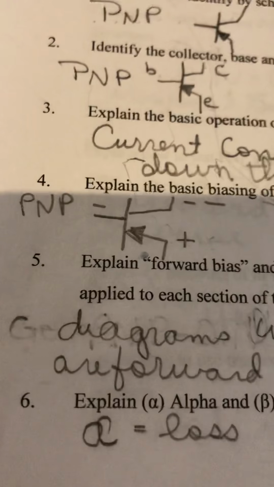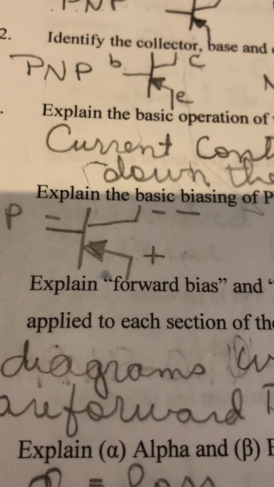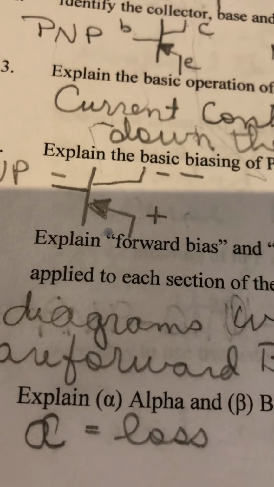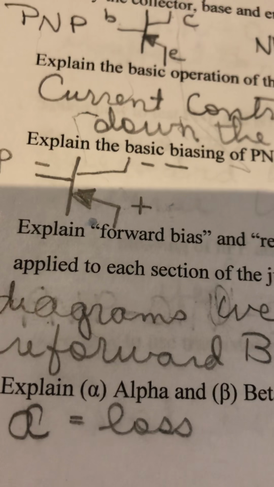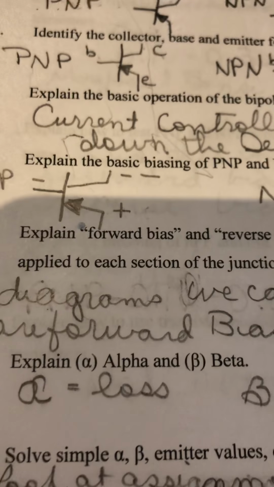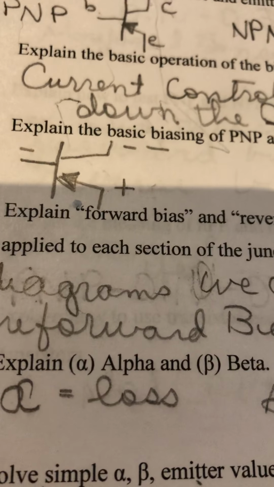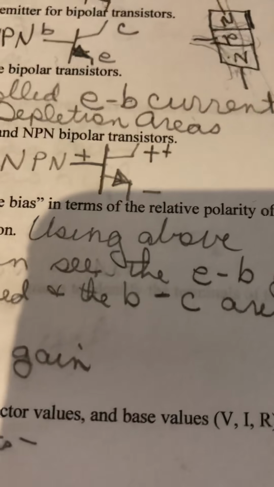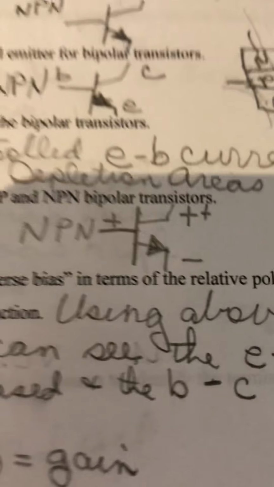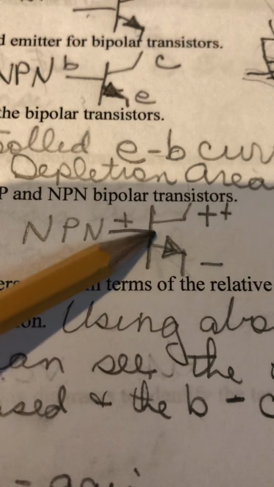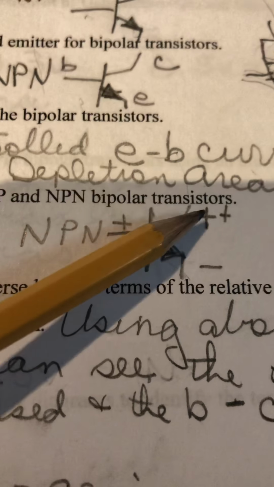Number 5 is where we explain the forward and reverse bias in terms of the relative polarity of voltage applied to each section of the junction. When we look at that, we use the above diagrams, and I'm going to use the NPN to explain. This is forward biased: this has a negative with a positive, and then this has a positive.